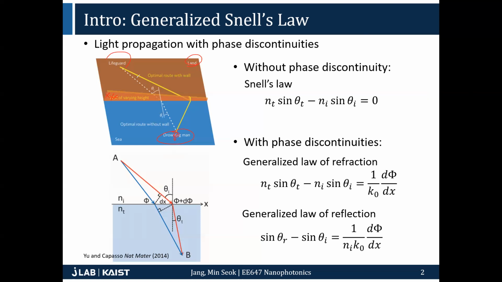But what you realize is that the swimming speed, of course, is much slower than the speed that he can run. So based on these two speeds, he can basically optimize what would be the optimal path that he can choose to rescue this guy. And that's basically same as Snell's law, right?